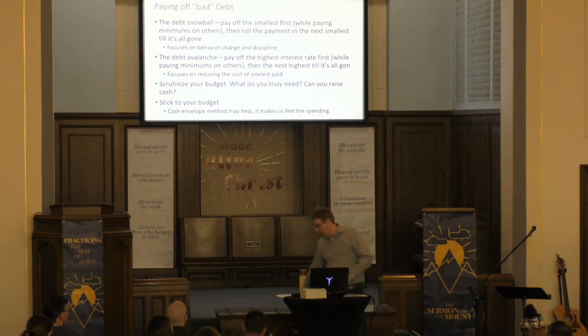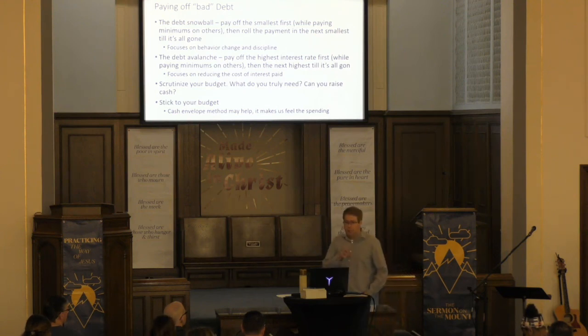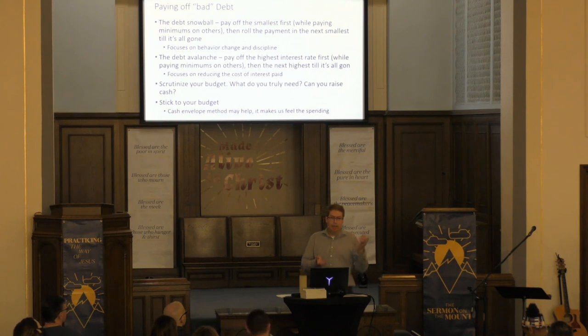If it's the high interest, the bad debt, I would. If we're talking about a debt that's maybe under 5%, like a mortgage, and sometimes car payments are in that range, then I think we need to weigh whether it is better to pay that off versus investing in a retirement account or an emergency fund.